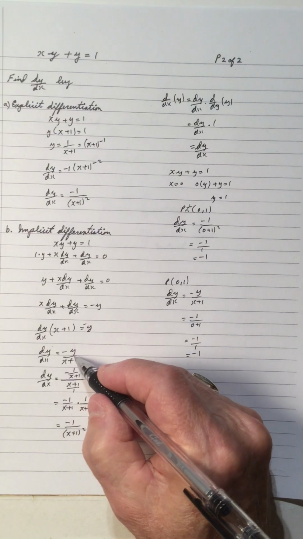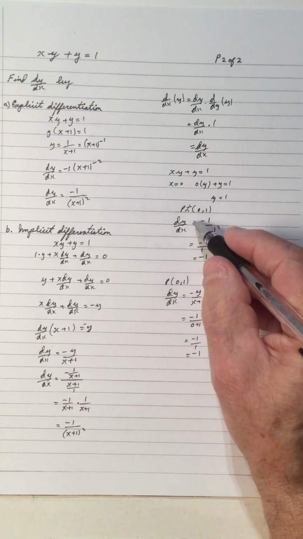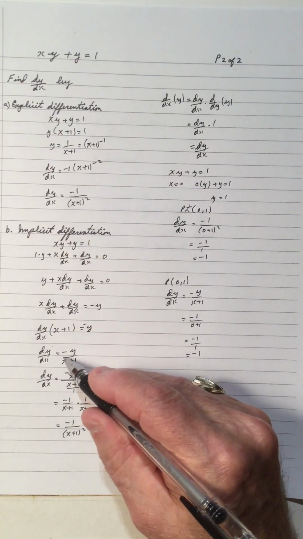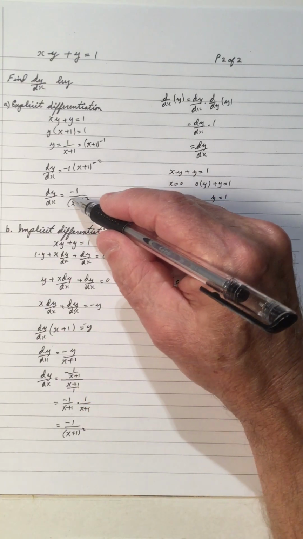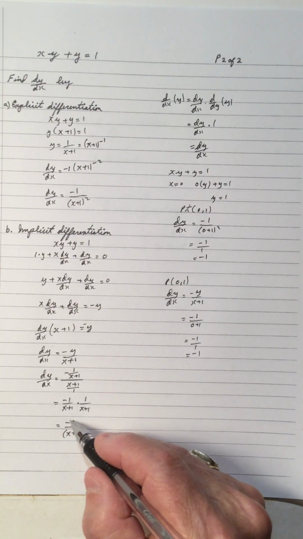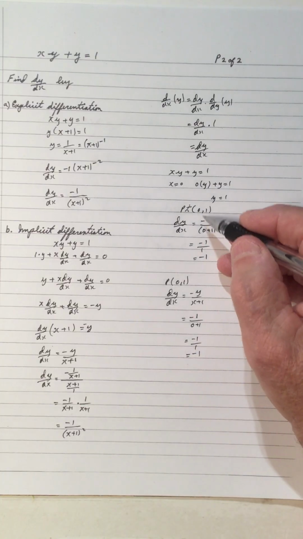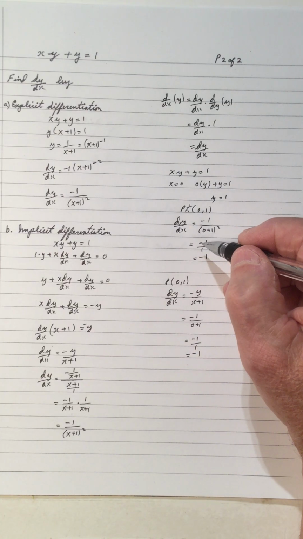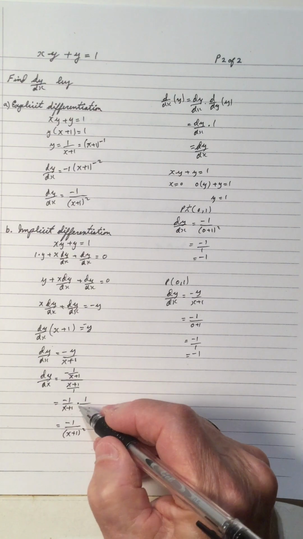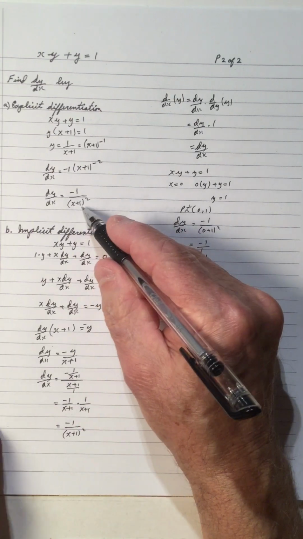So this gives the same derivative as the explicit one, but one is in terms of x and y, and the other is only in terms of x. I did a point and plugged it into each of them to show you the derivative is the same, and I replaced y with its expression in x and simplified to get the same expression.